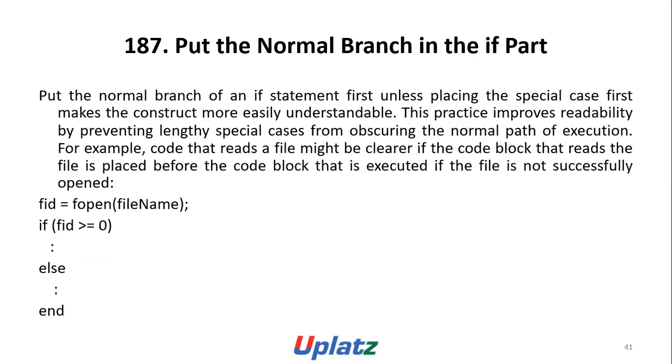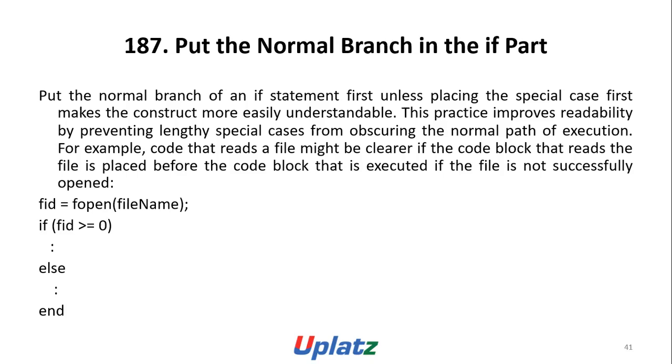Put the normal branch of any if statement first, unless placing the special case first makes the construct more easily understandable. This practice improves readability by preventing lengthy special cases from obscuring the normal path of execution.